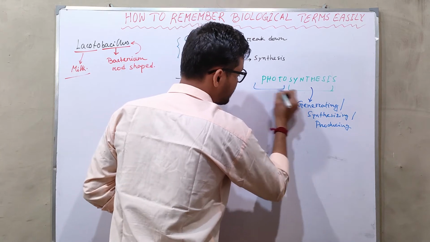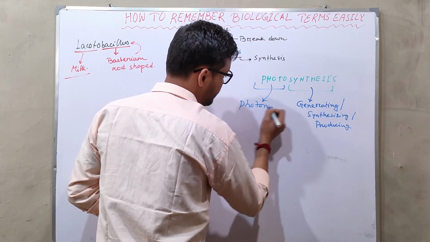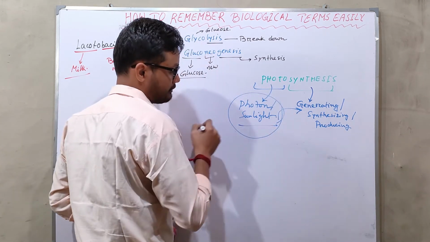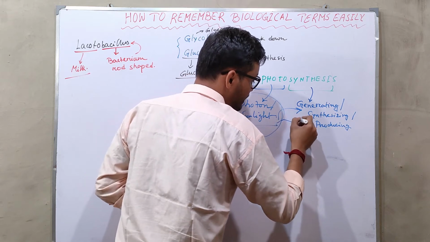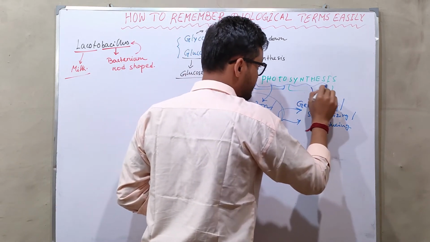And photo comes from photon, meaning sunlight. With the help of photon, plants generate their food, and this is the topic known as photosynthesis.